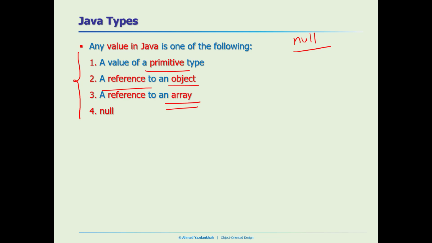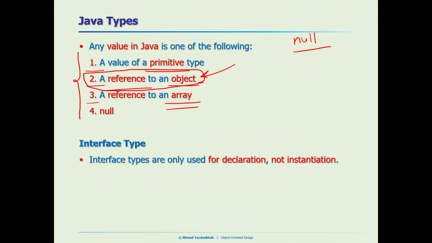So what is this? What happened to that interface type? We had 5, right? But I mentioned here 4. Actually, the 5th one is the interface type, which we can categorize here, right? Even though it is not an object, it is a reference. So in fact, we can use the interface type for the declaration for other classes.